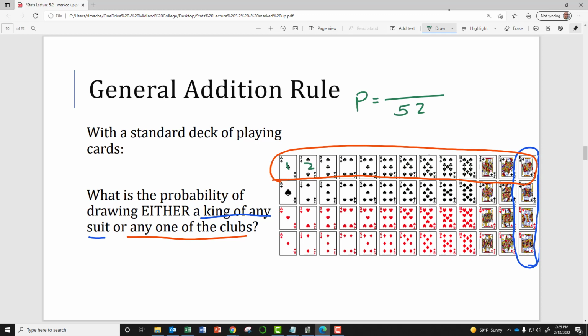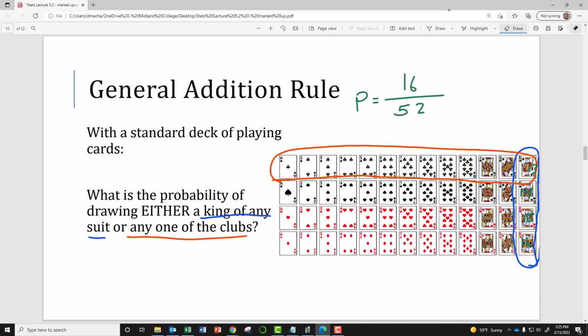Well, there's 1, 2, 3, 4, 5, 6, 7, 8, 9, 10, 11, 12, 13, 14, 15, 16. So there's actually 16 possible ways that I could count a success in this case, if my success is drawing either a king of any suit or any one of the clubs.